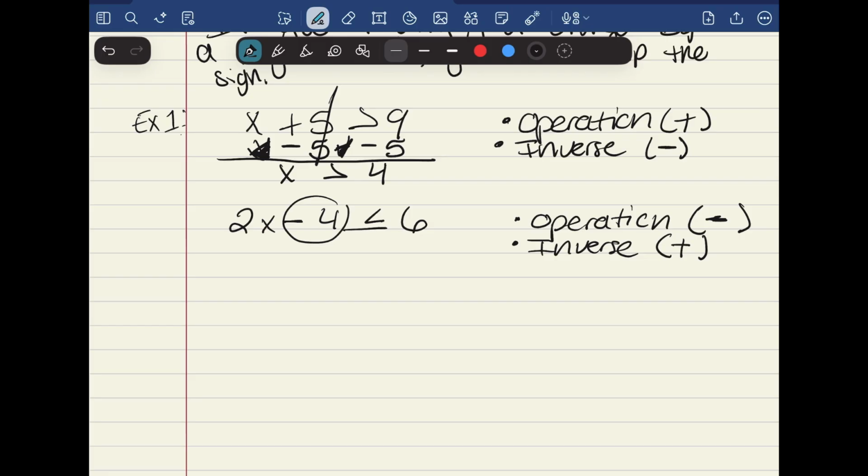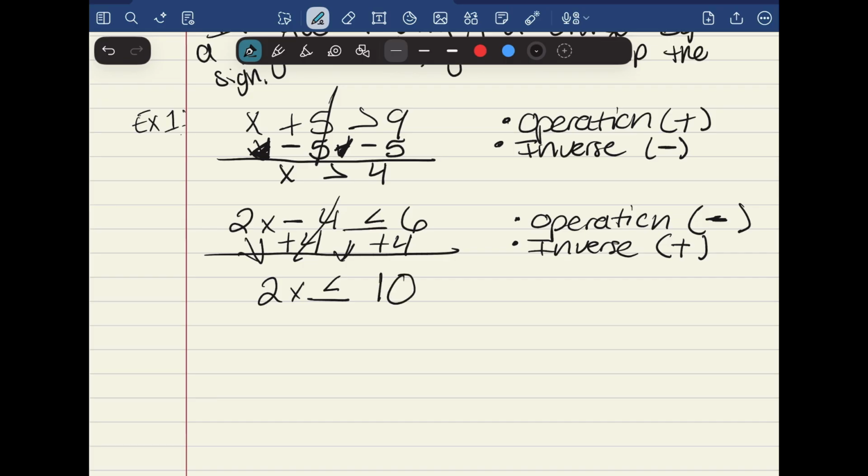So I'm going to do the opposite of minus 4, plus 4. Cross these out. Whatever I do to one side, I do to the other. Bring my remainders down. Bring my 2x down. Bring my sign down. And then 6 plus 4, 6, 7, 8, 9, 10.